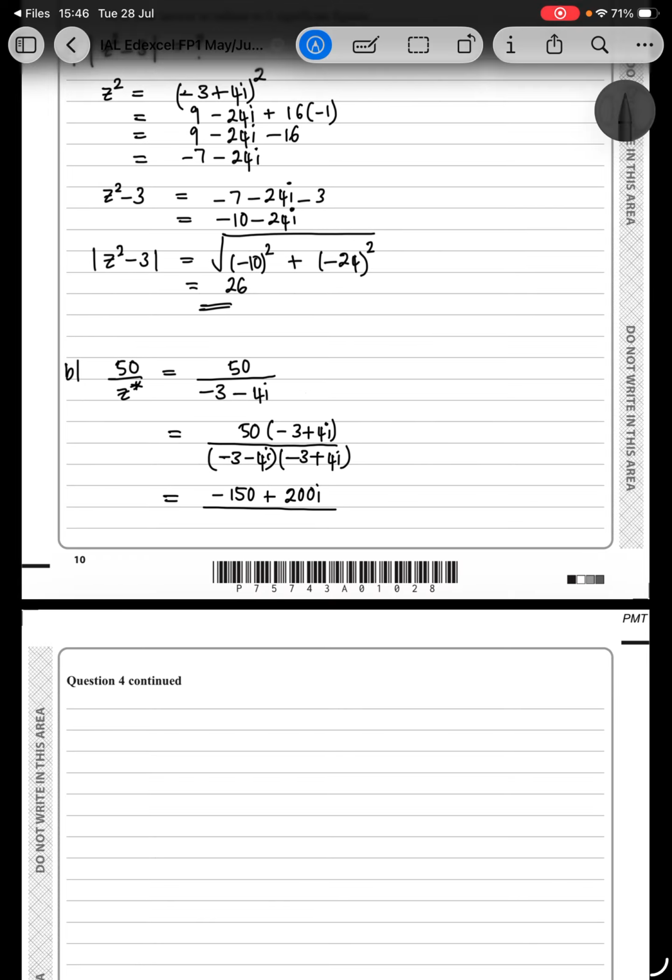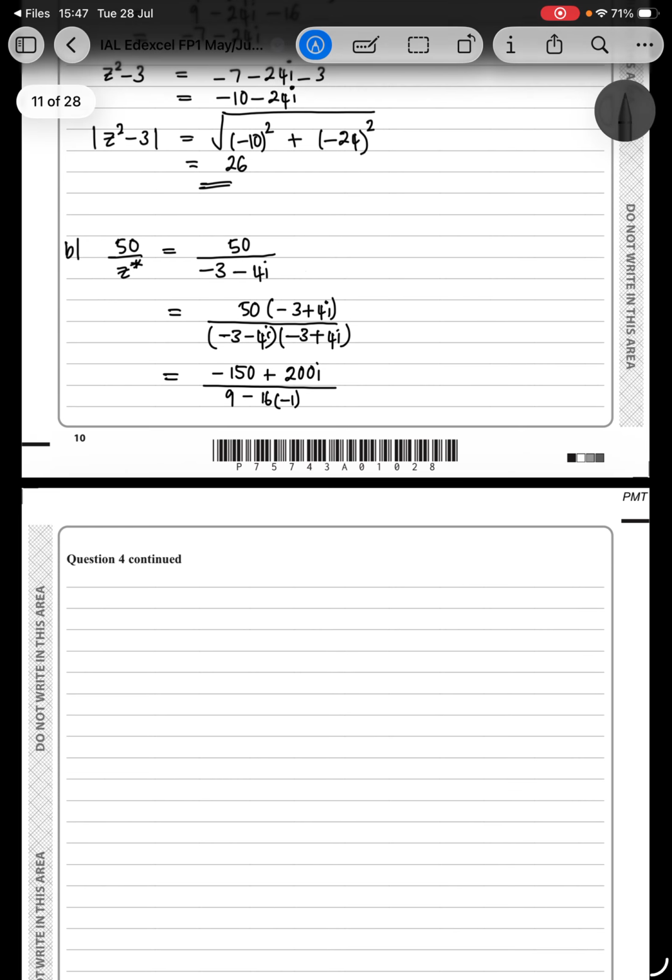Over minus 3 times minus 3 is plus 9, and minus 4i times plus 4i will be minus 16 i squared, so minus 16 times minus 1. So minus 150 plus 200i over 9 minus 16 times minus 1, which will be plus 25.